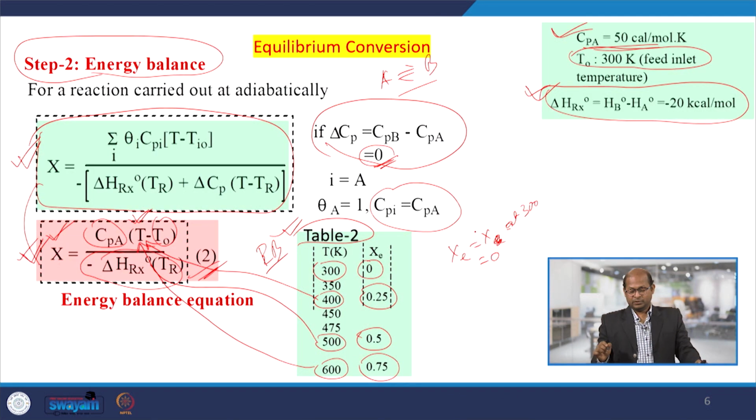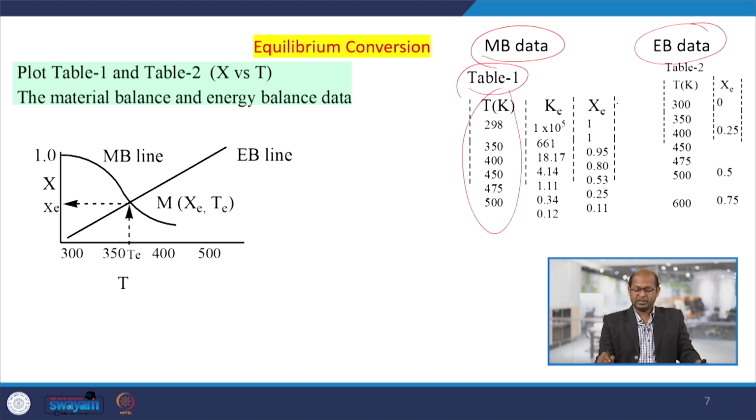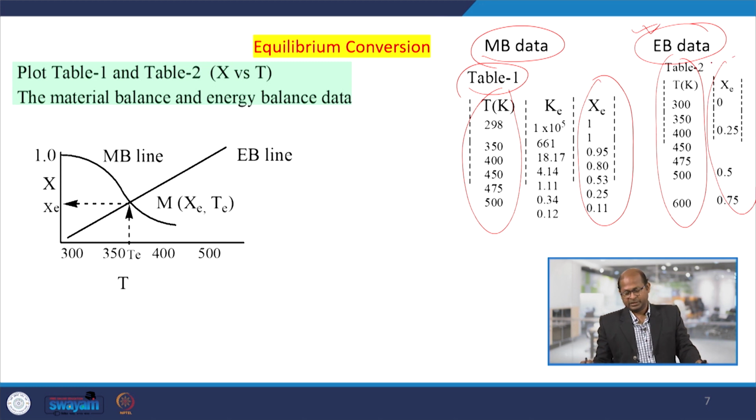So from those two sets of equations we have developed material balance data and energy balance data. Table 1 is the material balance data, temperature against equilibrium conversion, and from the energy balance we have temperature and equilibrium conversion data.